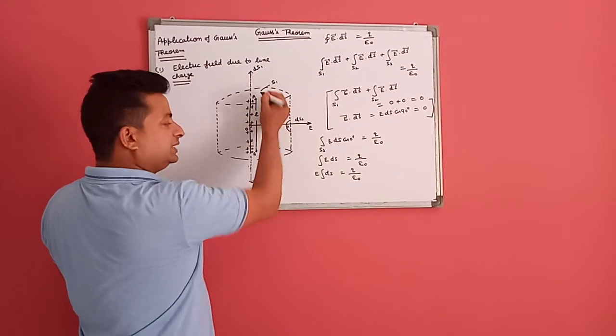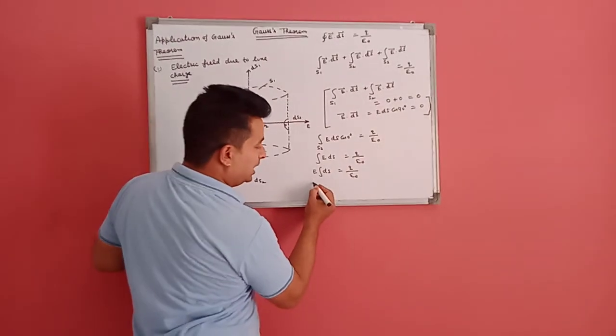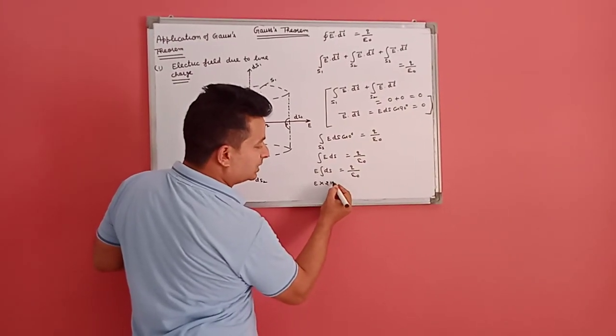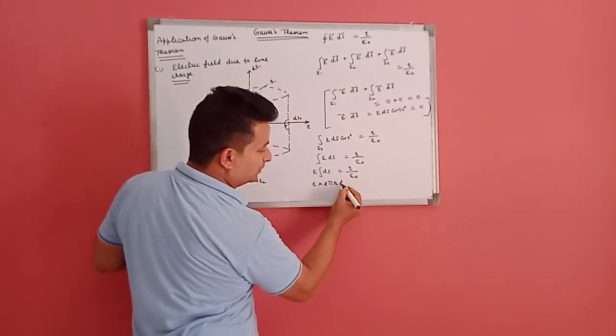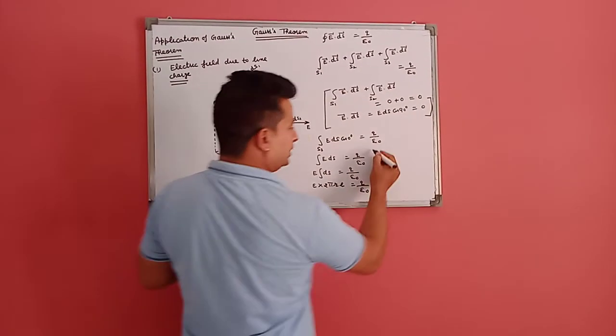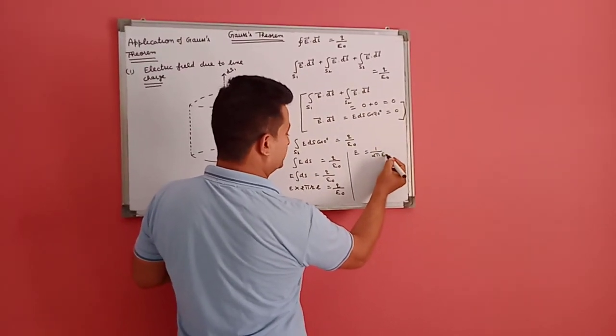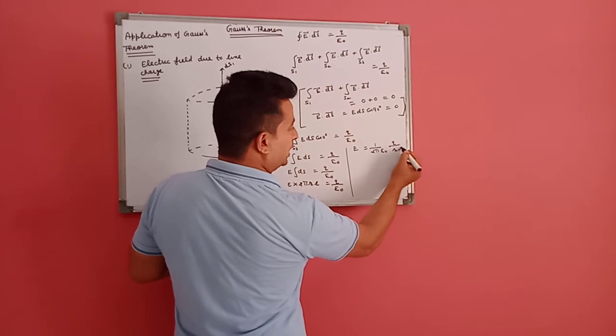This is the upper surface area, this is the lower surface area, and this is the curved surface area. The curved surface area of a cylinder is 2 pi r h. In this, h is equal to L. So this is the electric field. E is equal to 1 by 2 pi epsilon naught Q upon rL.